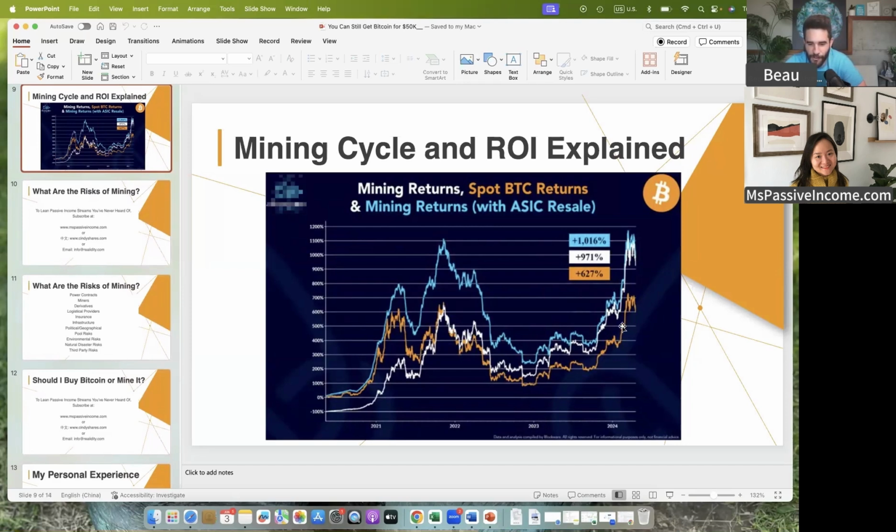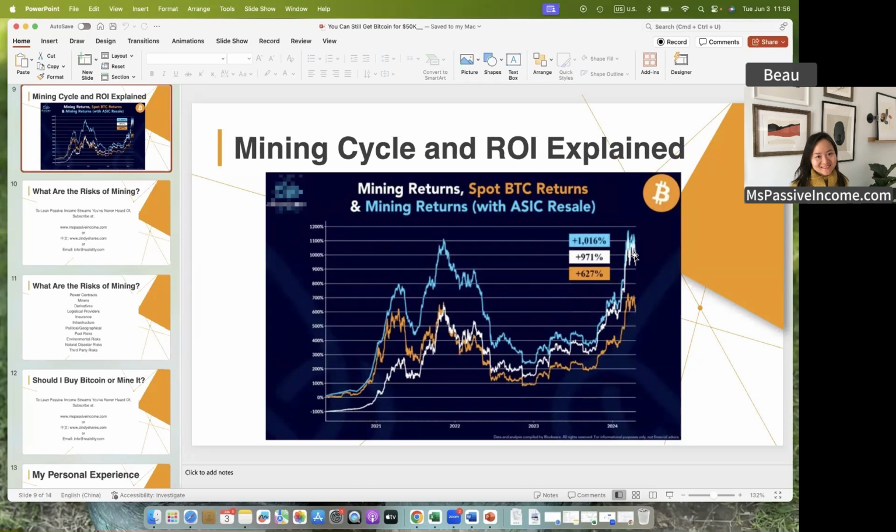In the white line, you've got the deduction of the machine cost. The machine itself is actually an asset, but this white line is considering that it's a worthless asset. So if you just bought your machine, mined Bitcoin, sold it every day that you mined it, and then finished out toward the end of the graph in early 2024, you're looking at 971% return. So already better performing than just holding Bitcoin.